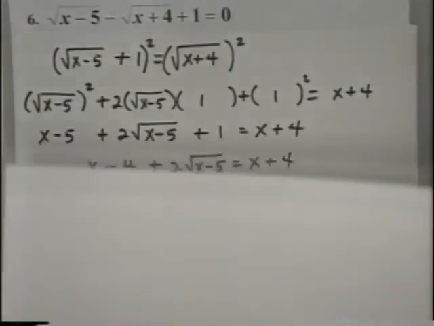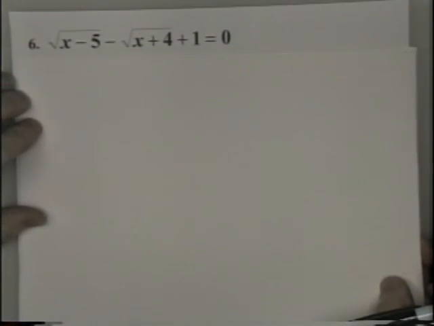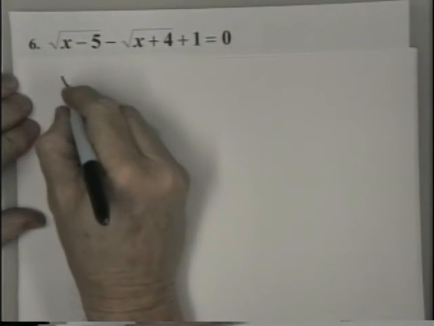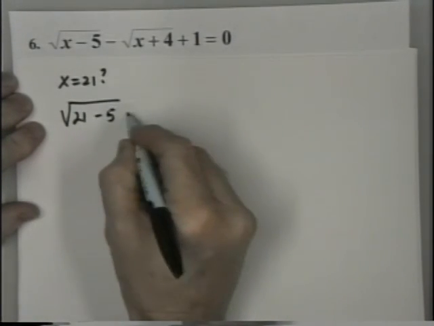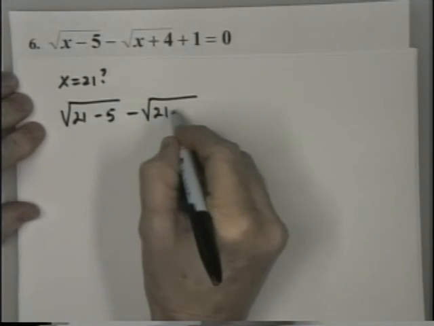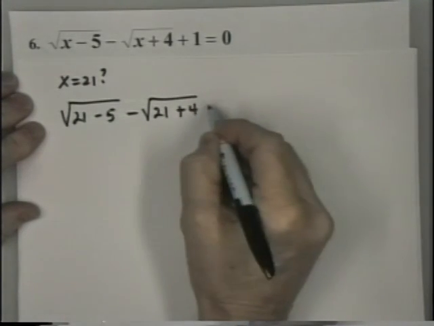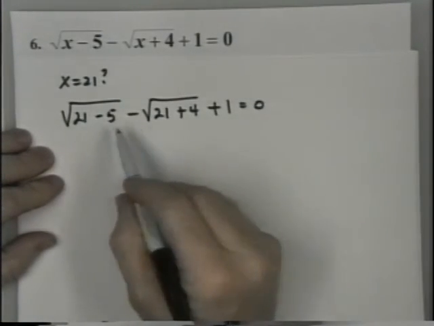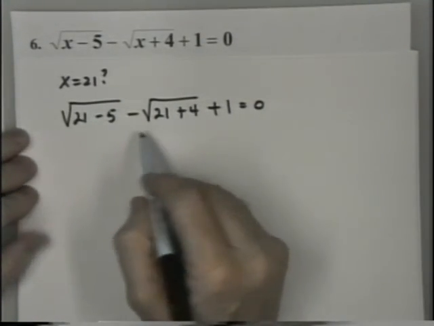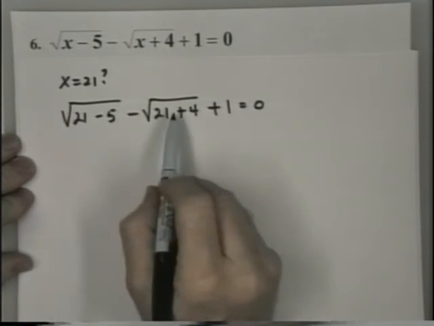You've got to go back to the original equation, which is right here. And we want to know, does x equal 21? Is that our solution? So we substitute in 21 into the original equation, and always go back to the original equation when you do this.